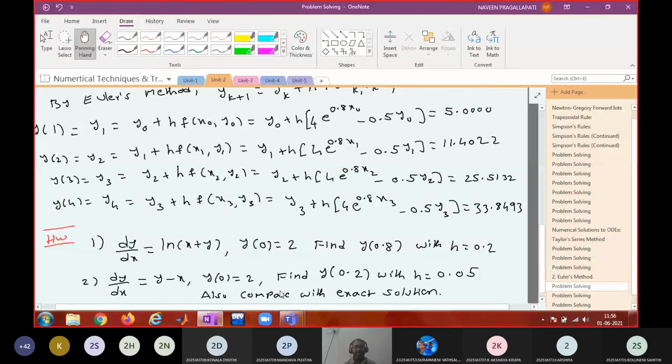So compare with exact solution means what? After finding the y value using Euler's method, you find the exact solution by the analytical method. How do you solve this differential equation?